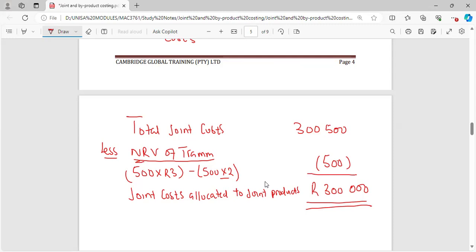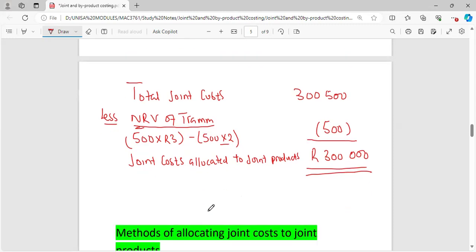So if you have one of them or all of them, you need to deduct the net realizable value of the two so that you arrive at the joint costs that are going to be allocated to the joint products.